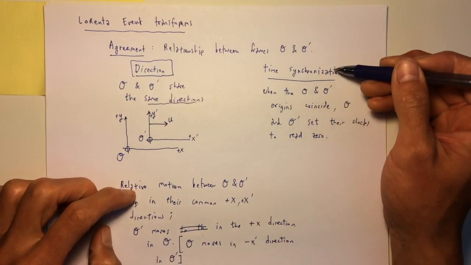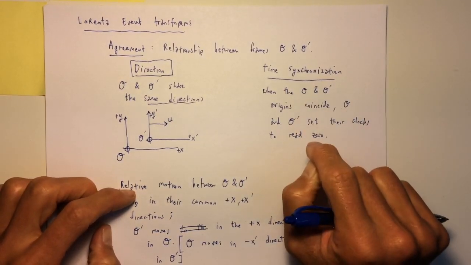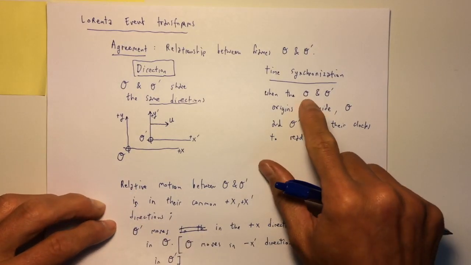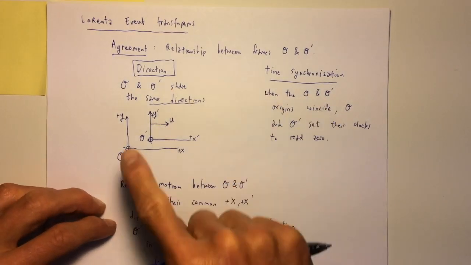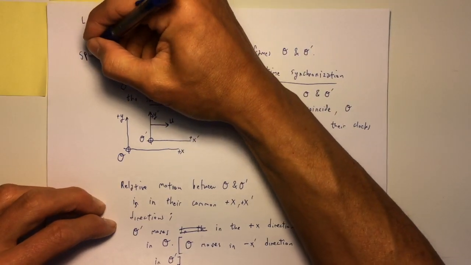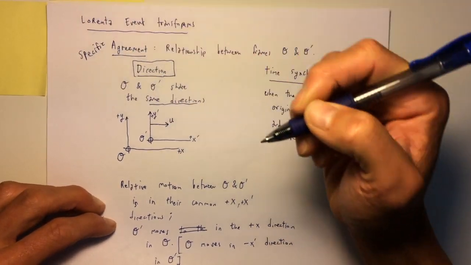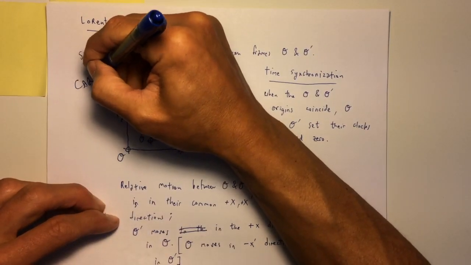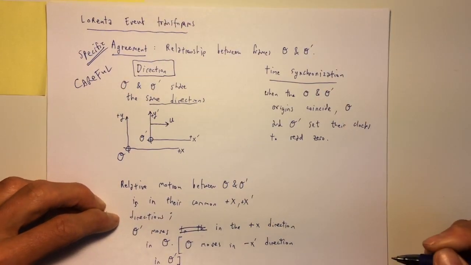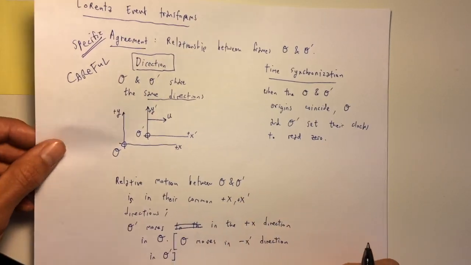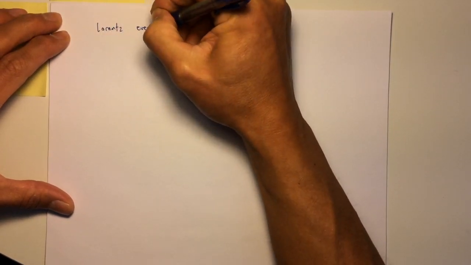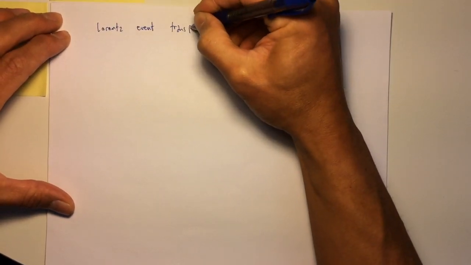But this is the time synchronization between O and O prime, which are two separate frames of reference. Okay, so a lot of very specific, very careful agreements. Okay, so without further ado, here are the Lorentz event transforms.